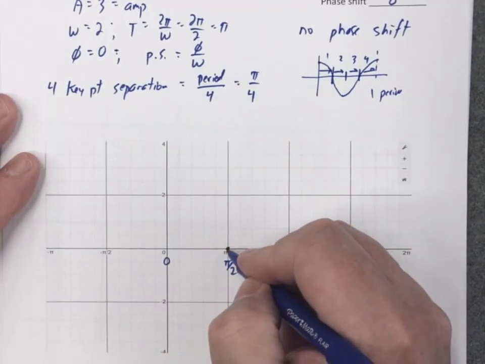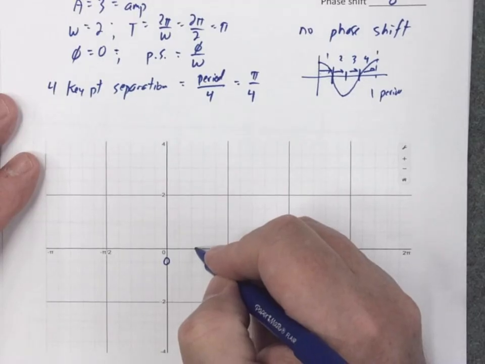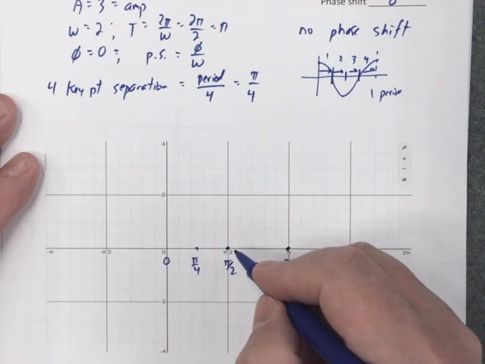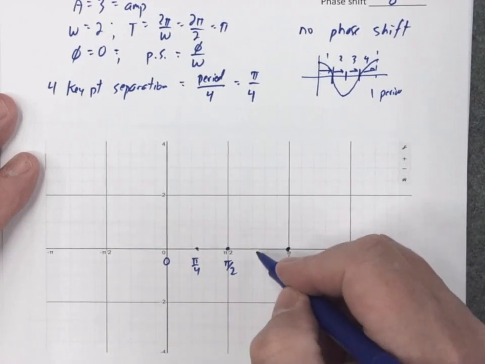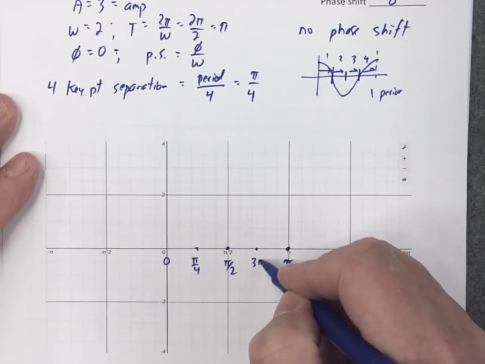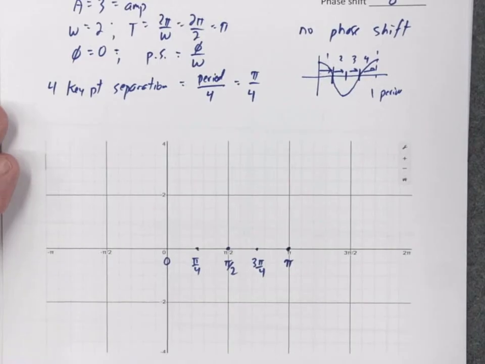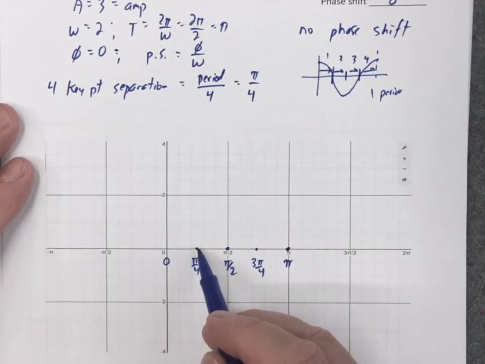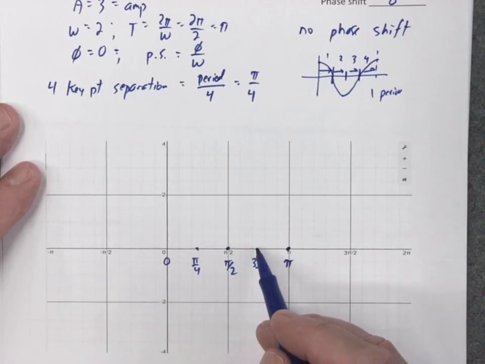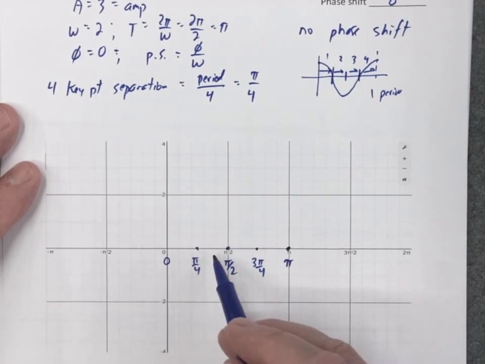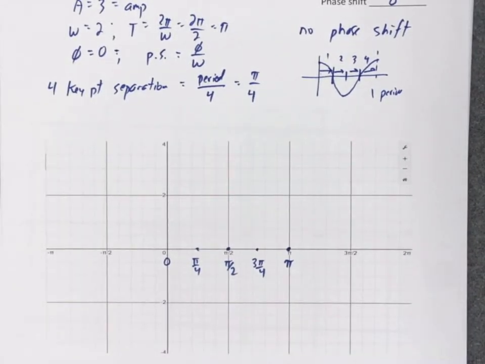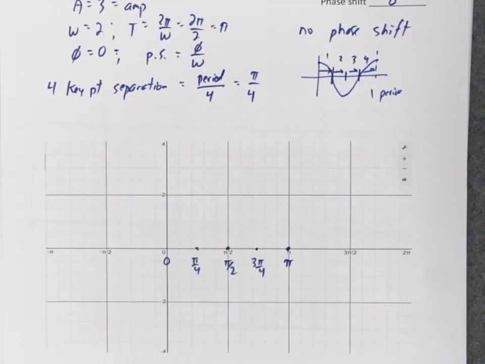Now from 0 to pi over 2, I cut it in half again. Half of pi over 2 is pi over 4. And then between pi over 2 and pi, I cut that in half, and this is going to be 3 pi over 4. Now you can see, from 0 to pi over 4, from pi over 4 to pi over 2, pi over 2 to 3 pi over 4, 3 pi over 4 to pi, the width of each region is pi over 4.